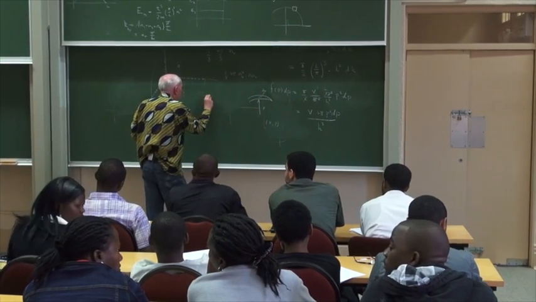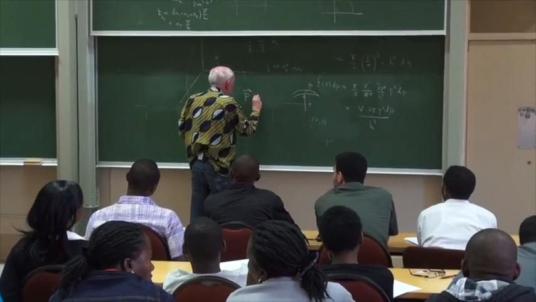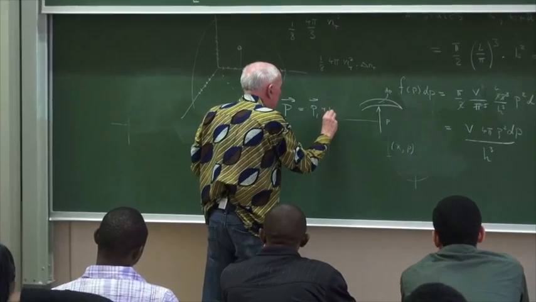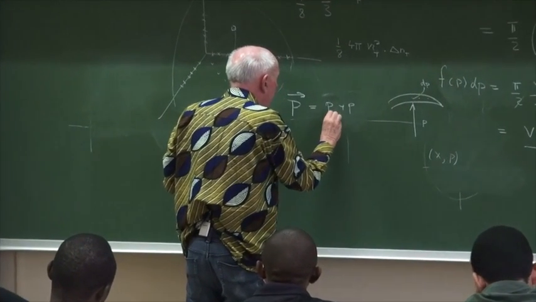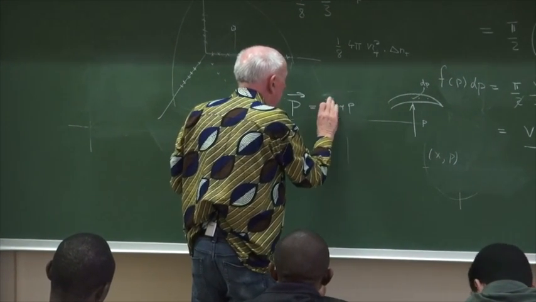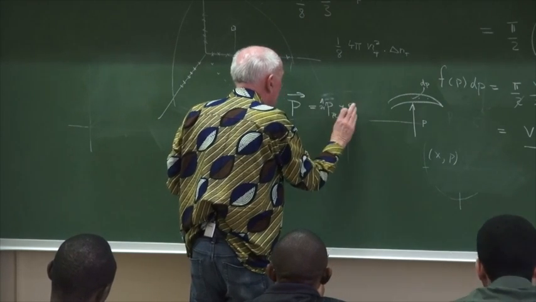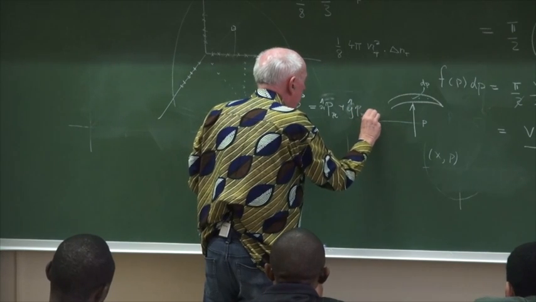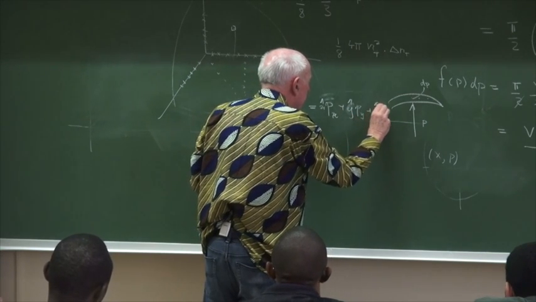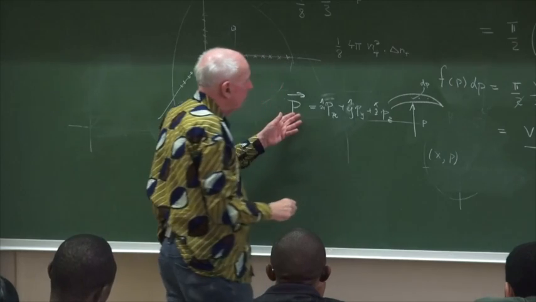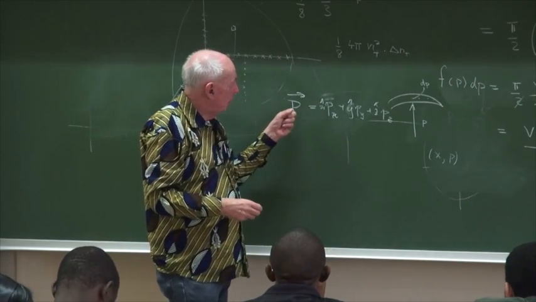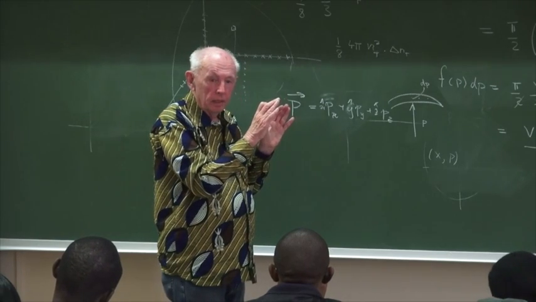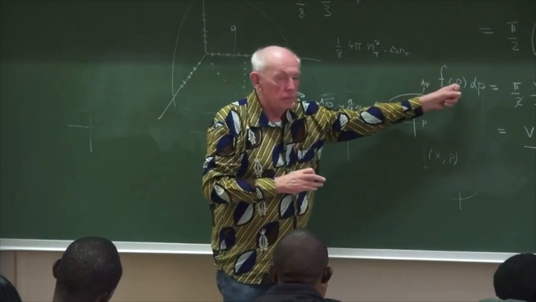So we have a vector P, which is given by Px plus Py plus Pz. Then we call the length of this vector P, and this is what this P says.